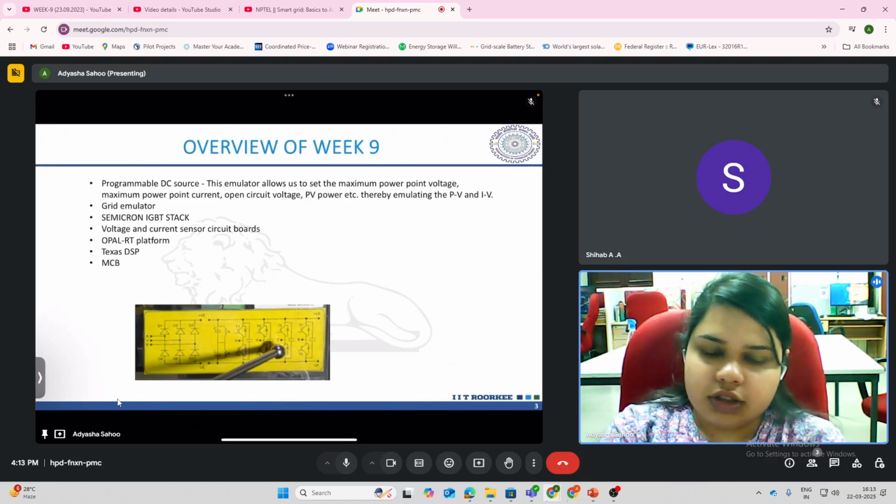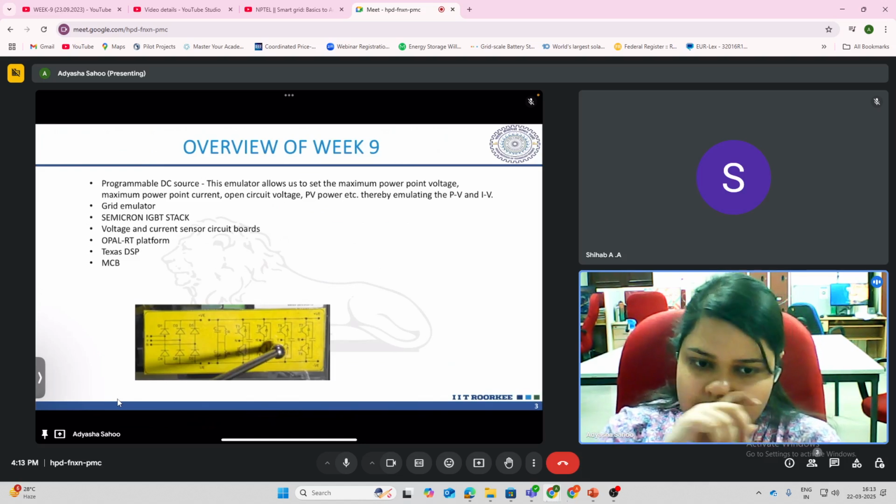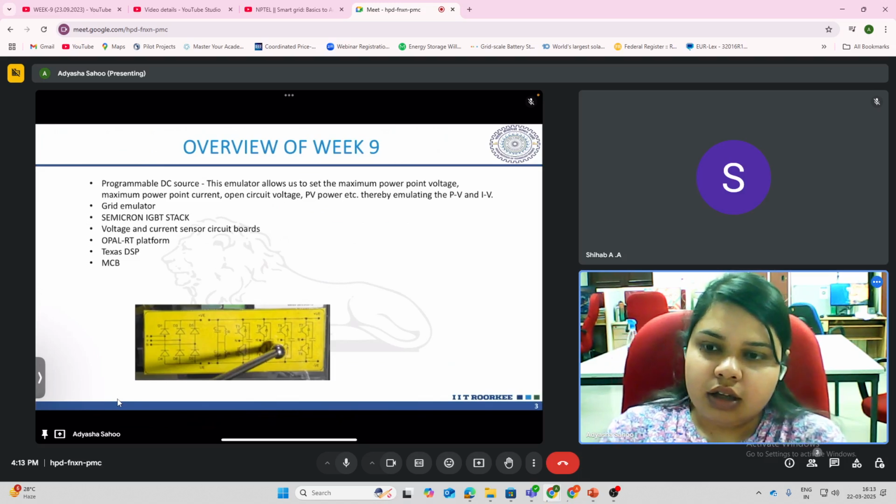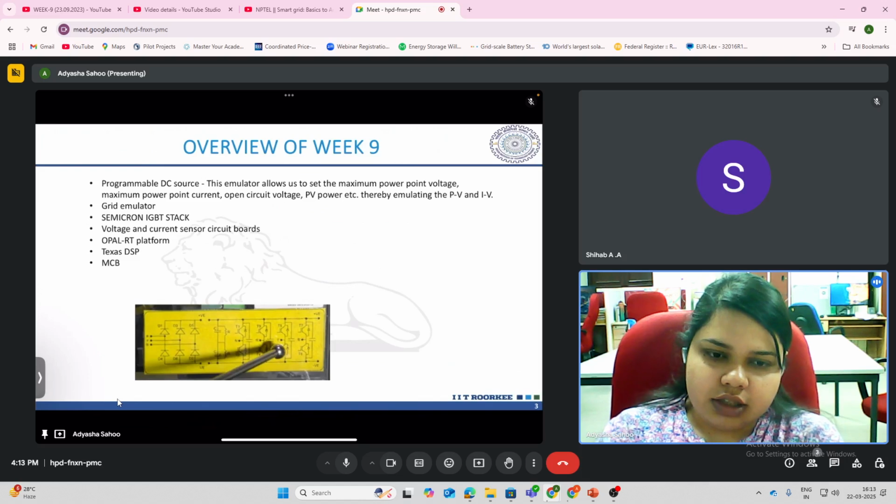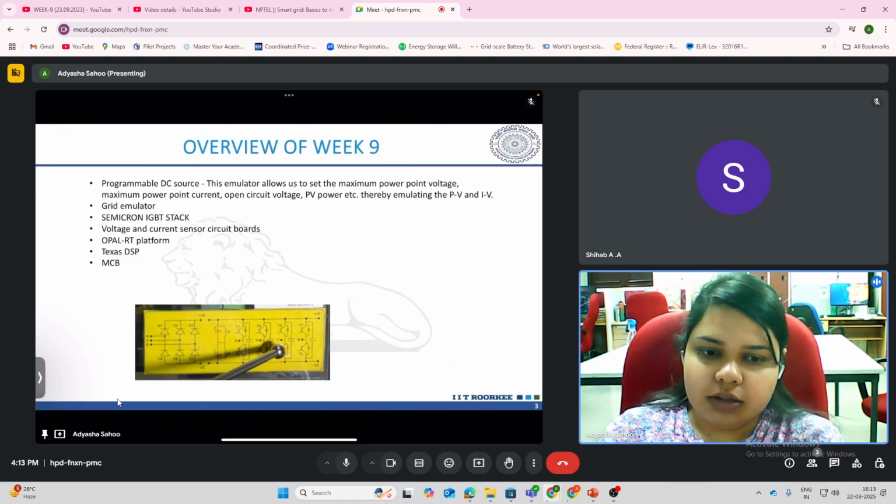Now, this week 9 is basically the hardware demonstration of the theories that we saw previously. Basically, the PV generation and wind generation, and how those experiments can be performed in a lab setup. After that, we will see the cell balancing method that we saw previously in our lectures in theory, and how it is done practically in a lab environment.